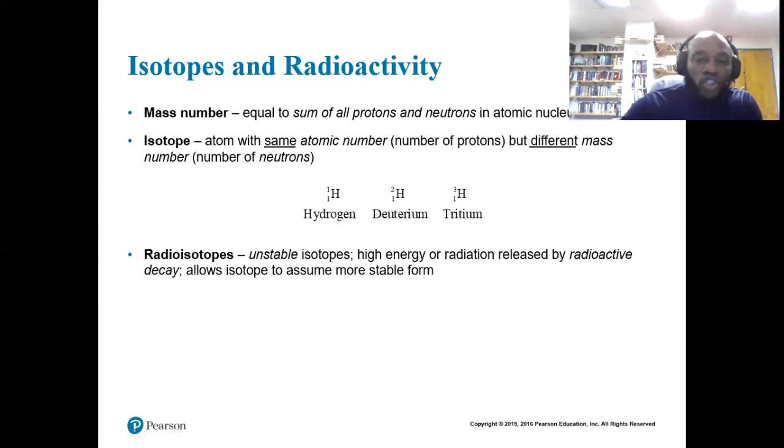Tritium, for instance, is not stable, but it will decay back to hydrogen and release those extra neutrons, and we can use that beneficially.